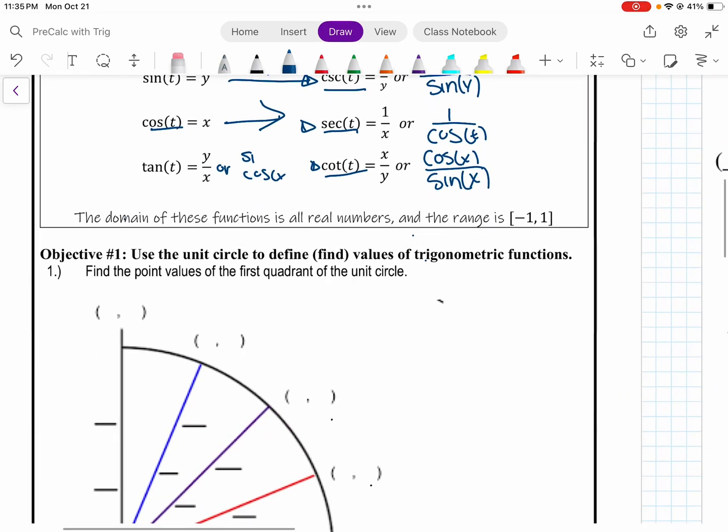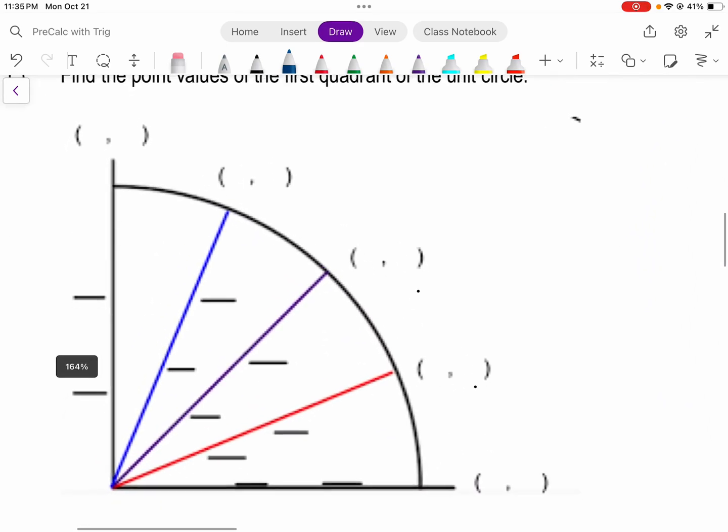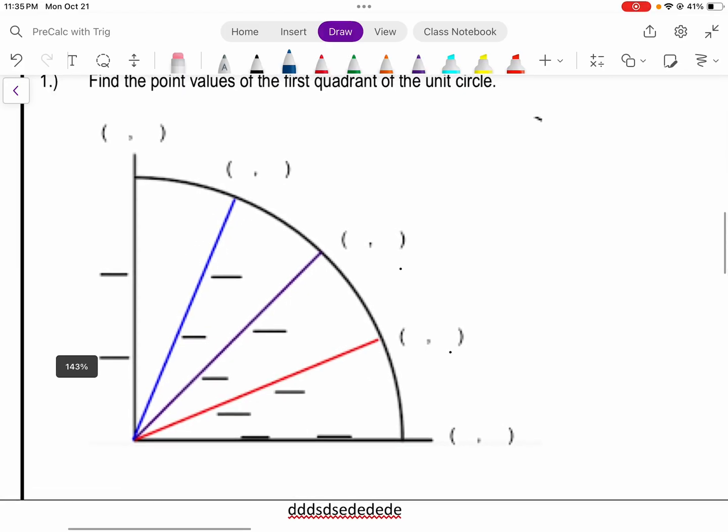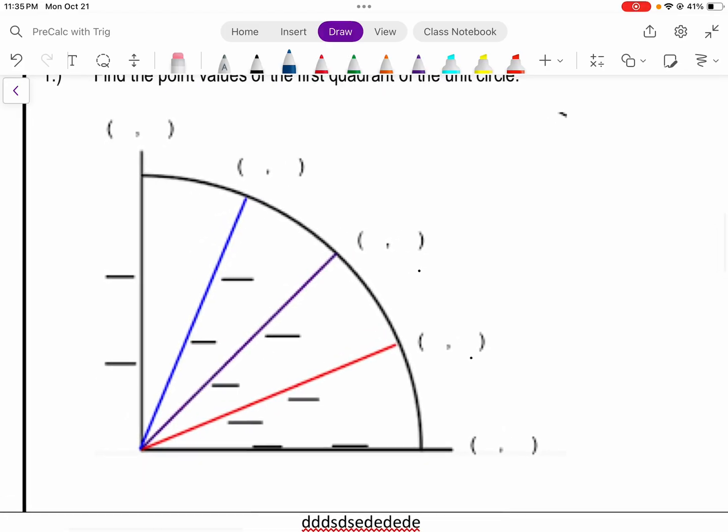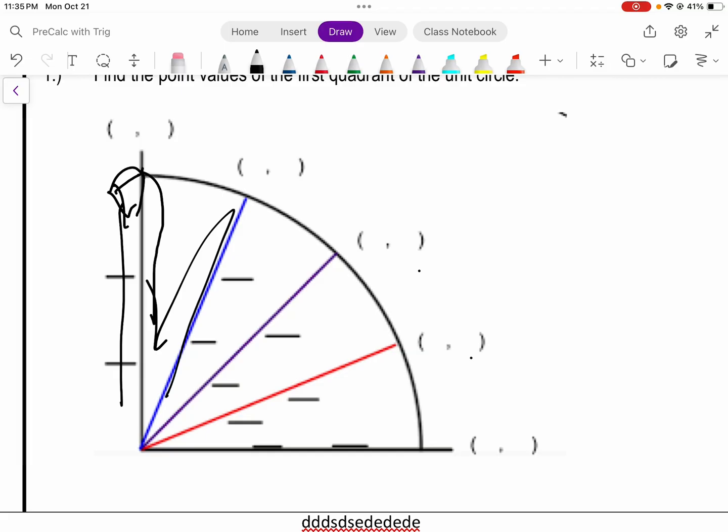So a little bit about the shortcut on how to remember the unit circle. As long as you know quadrant 1, you're going to know the rest of the circle. So that's kind of what I want you to practice on today. And remember, imagine that is your hand. Right, so we're just going to say that that's your thumb, and then obviously those fingers right there.